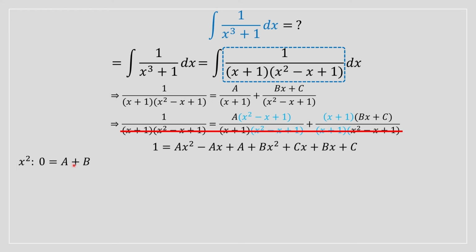So you have a plus b, and obviously we know that according to this b is going to be equal to the negative version of a, so negative a. For the x's we got this. And for just the numbers, with no variables, we have 1 is equal to a plus c. So this is basically a system of equations with 3 unknowns, and we are trying to solve for those variables as I mentioned.